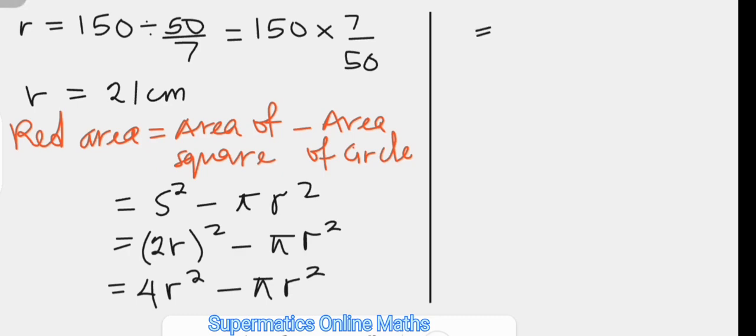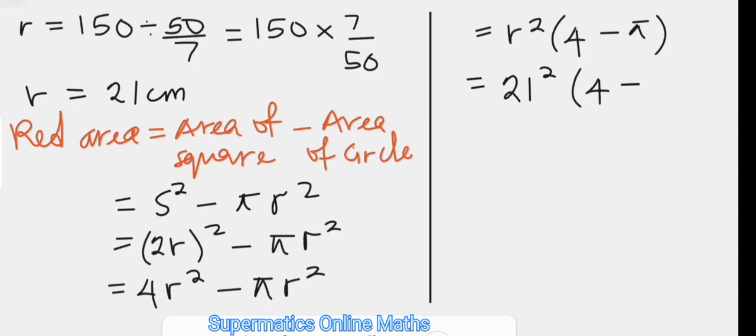Now factoring r squared, we have 4 minus pi in the parentheses, and with r being 21 centimeters, we have 21 squared multiplying 4 minus 22/7.